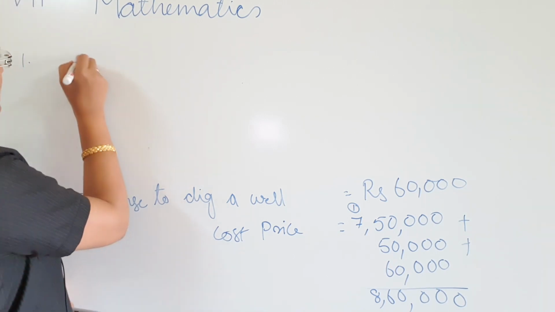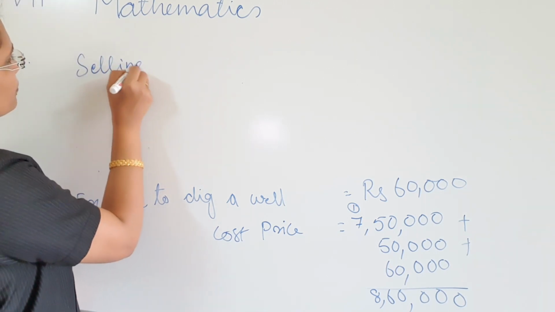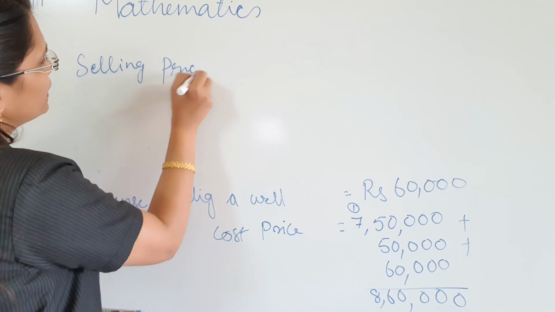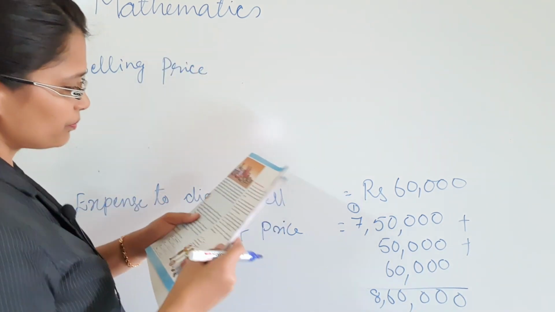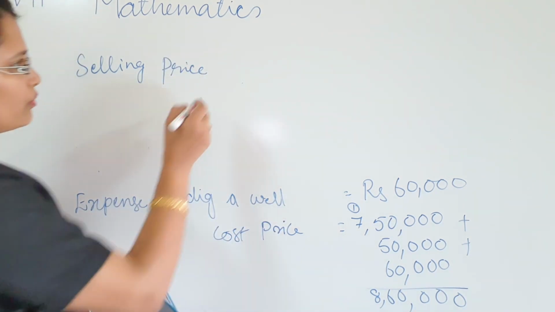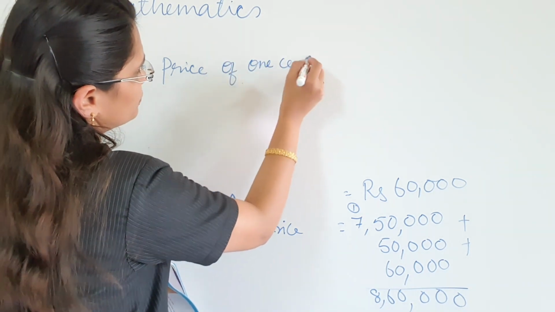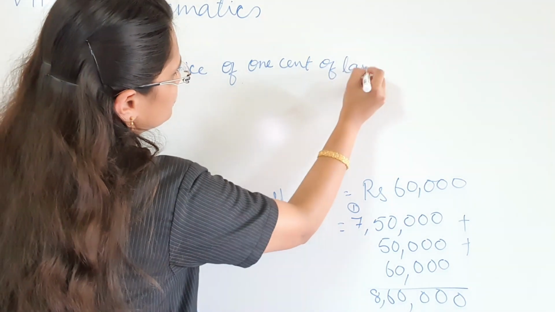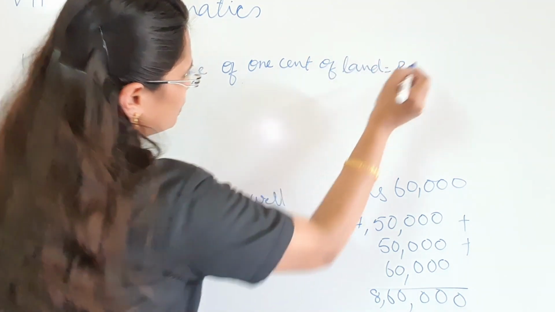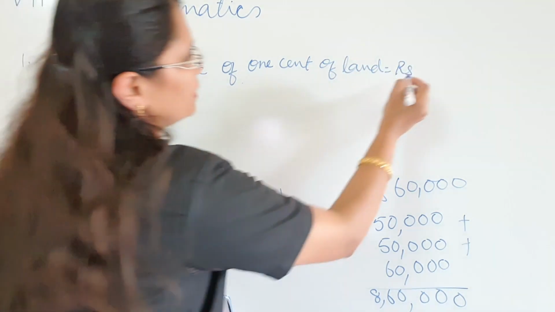We have to write selling price. Selling price of 1 cent of land is equal to rupees 90,000.